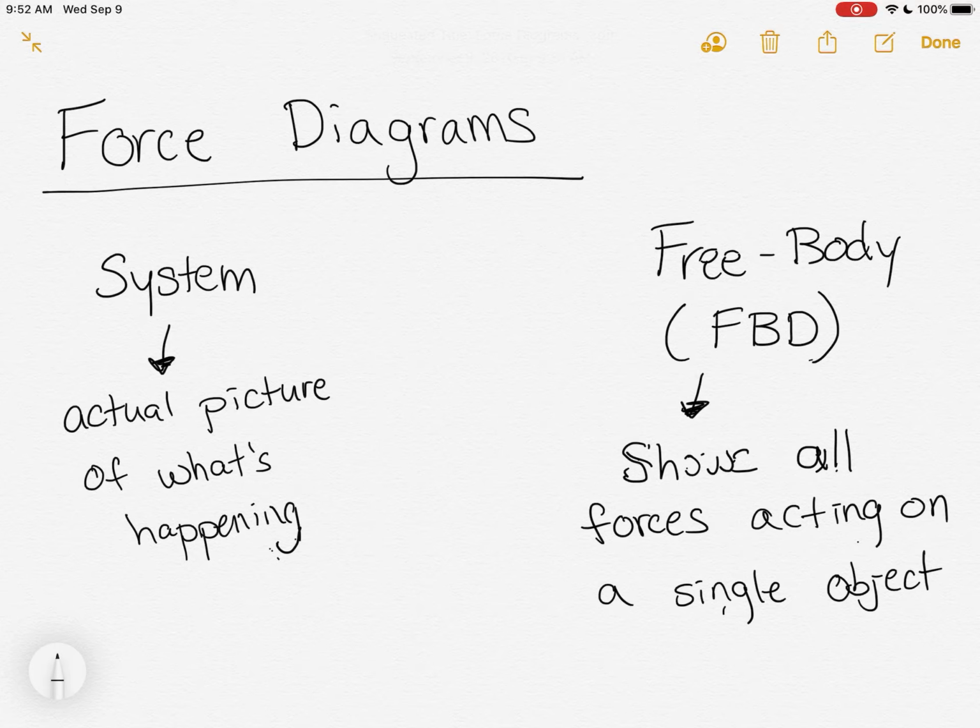I am the first one to say I have no artistic abilities whatsoever. You just want to use a system diagram to get an idea of what's happening with all of the forces and what's going on with the entire problem, and then use the free body diagram to actually show all of the forces that are going on with an object, okay.